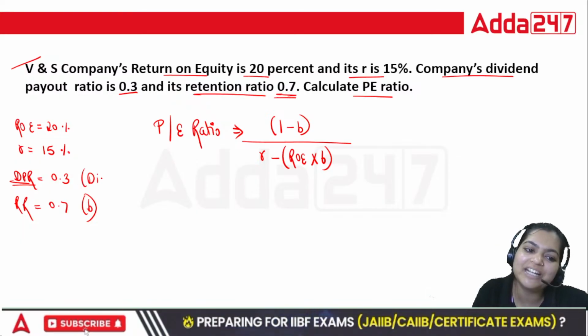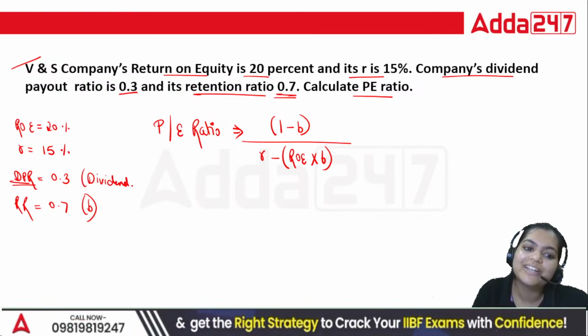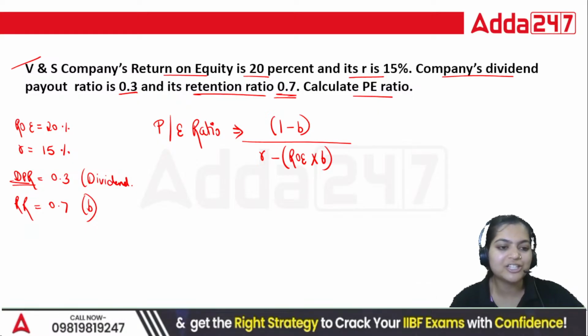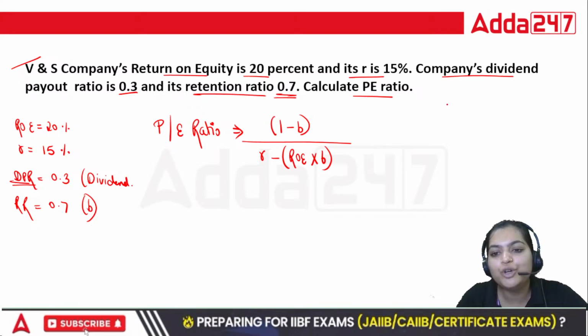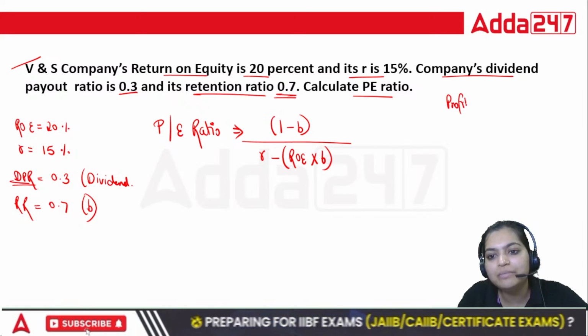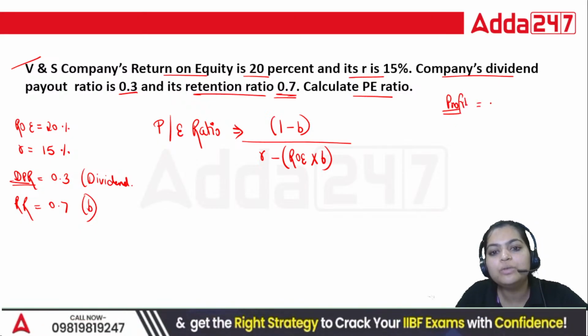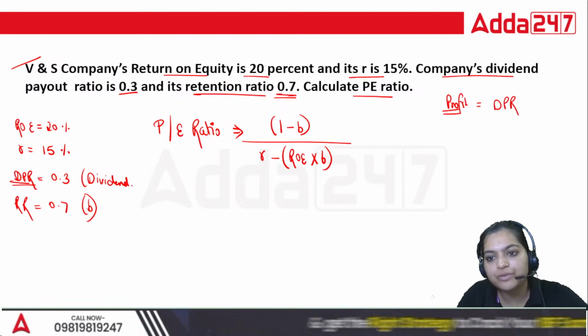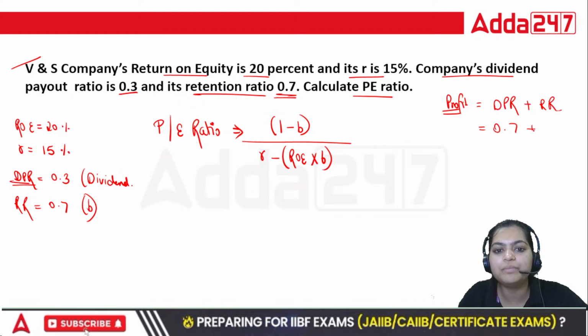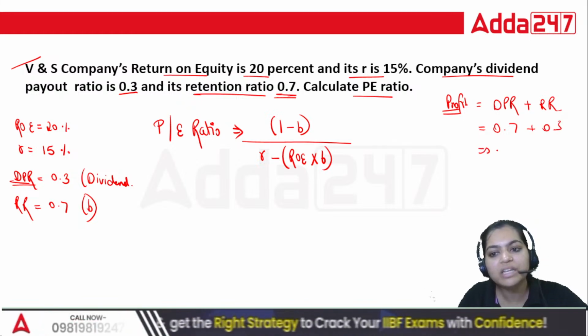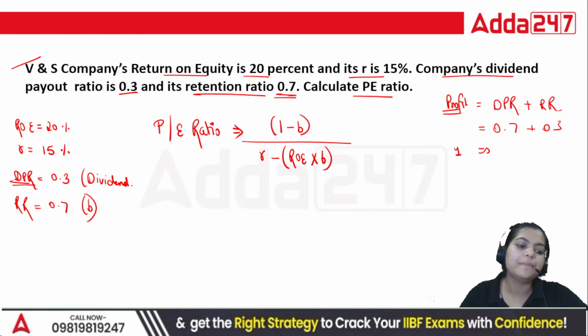DPR is nothing but the dividend amount. They have given you both the things. If you want to know the profit earned by the company, that is dividend payout ratio plus retention ratio, 0.7 plus 0.3, that is 1.